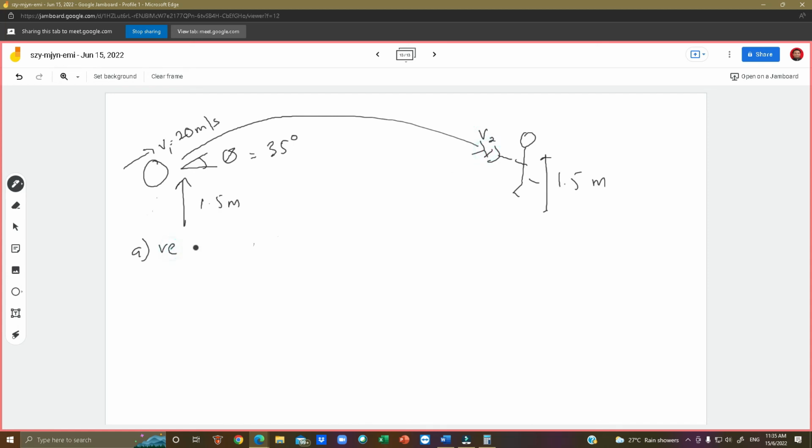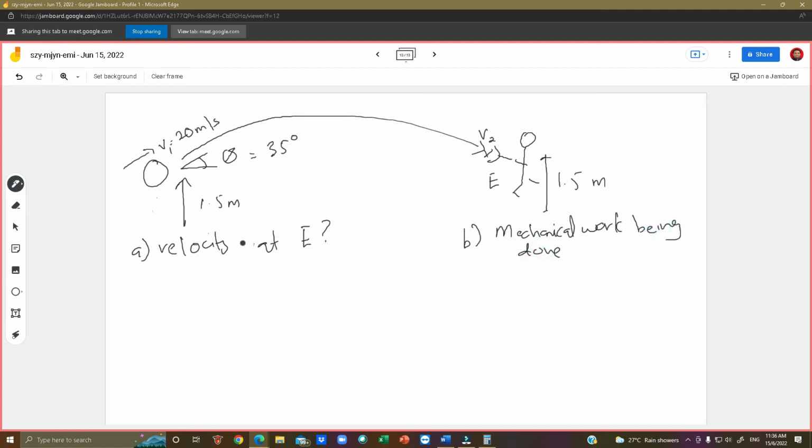What is the velocity at, kita namakan ni N lah, at E. Okay, that is the first question. What is the ball velocity during instant of catch? And B, if the ball is caught at a height of 1.5 meter, how much mechanical work being done?